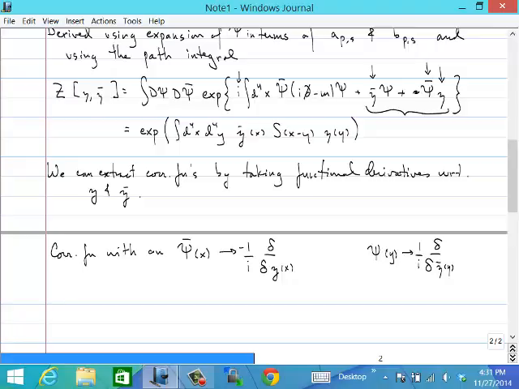To keep the notation simple, I won't write them all out explicitly, but hopefully you remember how that goes from our discussion of position space correlation functions for a scalar field. Most of the time we'll be working in momentum space, so we don't need to get used to writing position space labels, but in principle they should be there. Question?